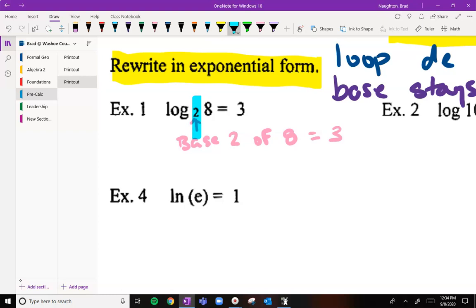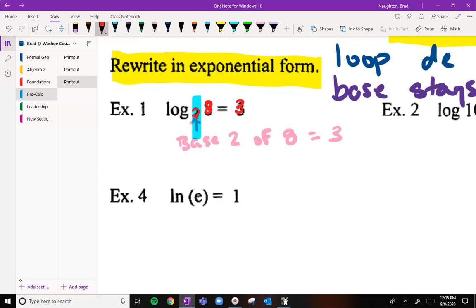What this means is that your base is going to be 2. Just like the base of an exponent, the base is what you're going to be multiplying by itself, okay? So we're going to say, I have a base of 2, and when all is said and done, this is the answer I get, which is 8. And then how many times do I have to multiply myself? 3.